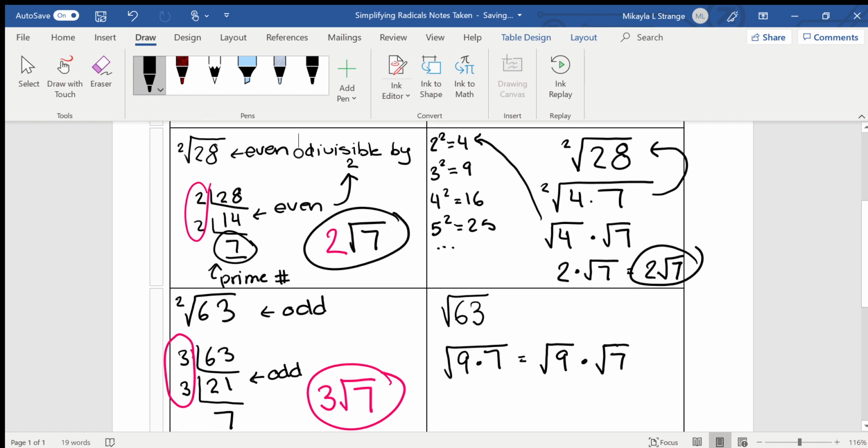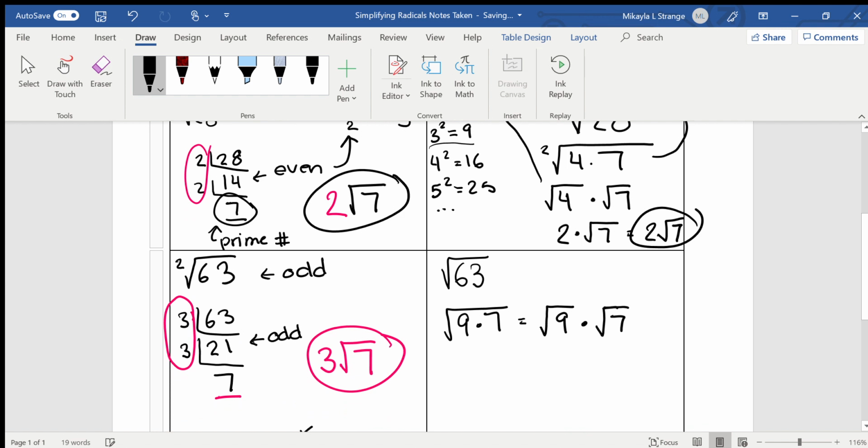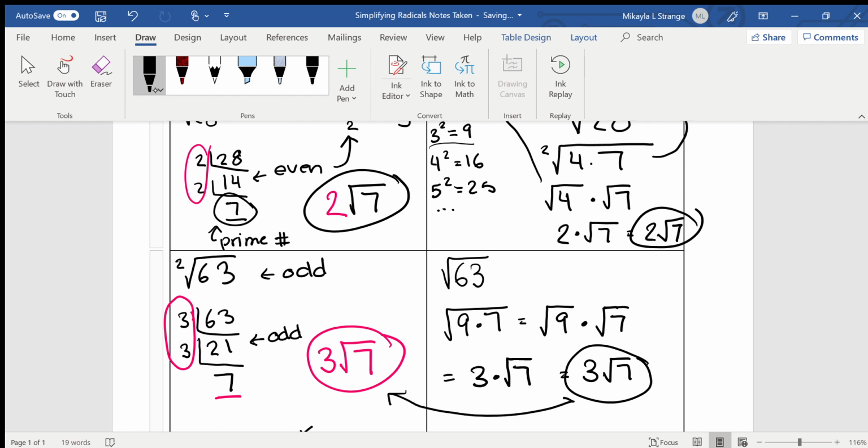Looking up at our list, 3 squared is equal to 9. So because of that, this is going to give me 3 times the square root of 7, or just 3 square root 7. And again, we get the same answers from both sides.